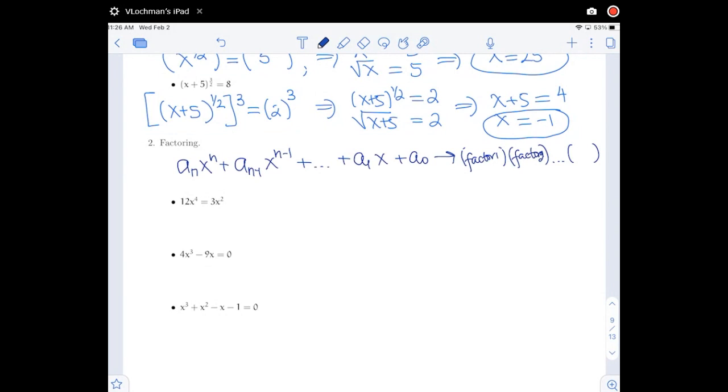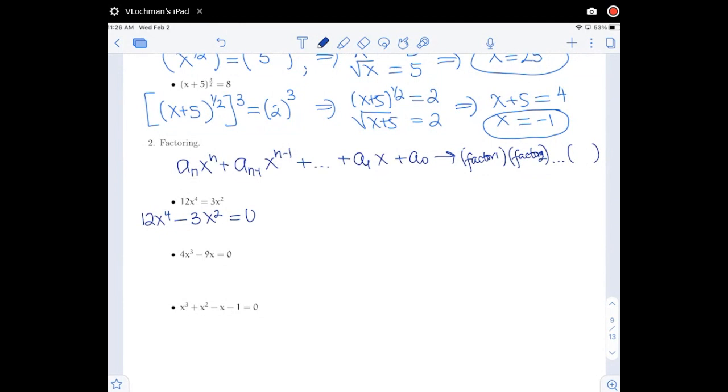Okay, so let's take a look at this equation. The first one is a fourth degree polynomial, right? So we have x to the fourth. We haven't discussed how to solve it yet, but we know how to do it. So by factoring, let's move everything onto one side. I'm going to do 12x to the fourth minus 3x squared is equal to 0.